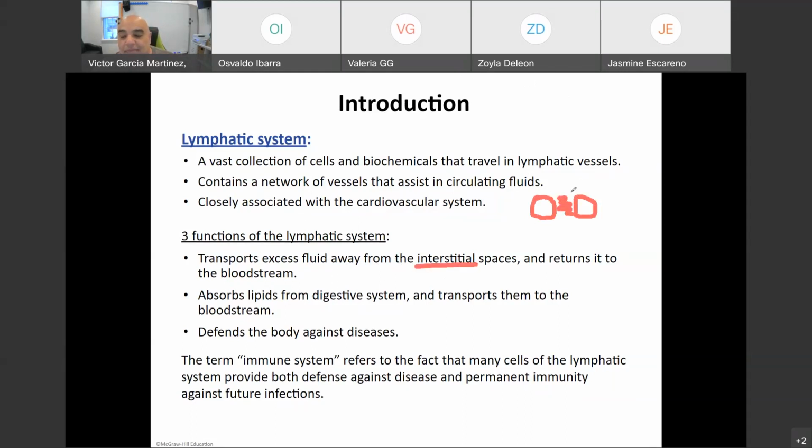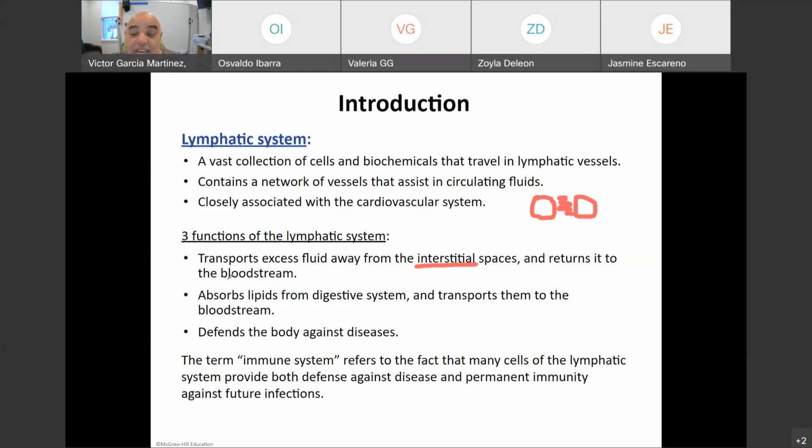If we have an excess of fluid in this space, then the lymphatic system is in charge of transporting that excess fluid away from the interstitial space, redirecting this fluid into our veins, returning that fluid into the bloodstream.